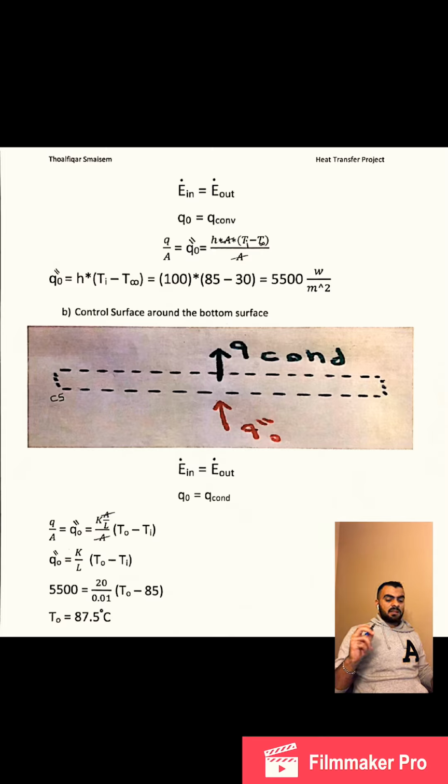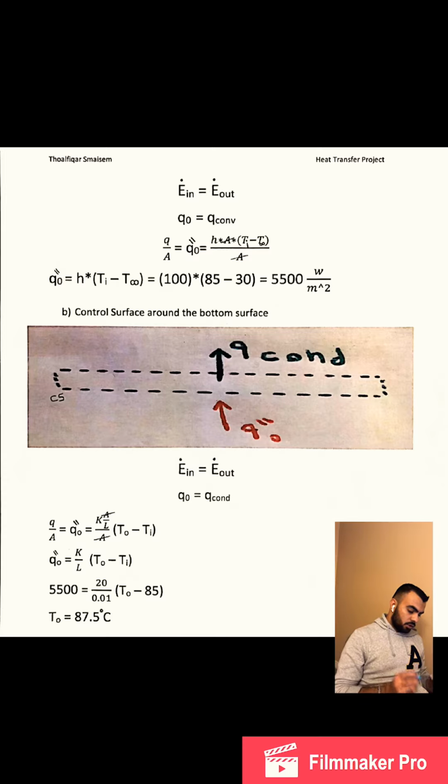As I mentioned at the beginning of the video, conduction occurs when we have solids, and the wall is made of a solid. That is why we have conduction in this part.